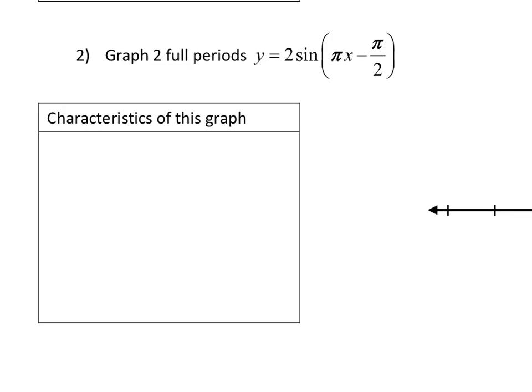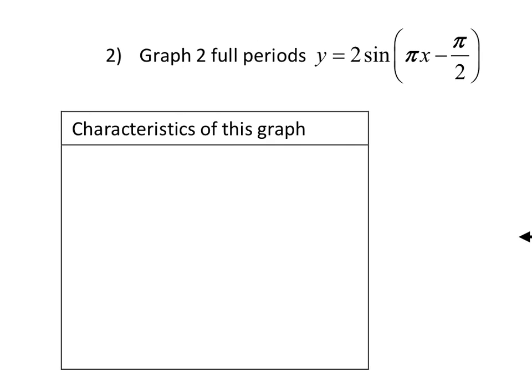Now we're going to start applying some shifts and period changes and all of that. So this has an amplitude change. It has a period change and a horizontal shift. Whoops, it's still in highlighter mode, sorry.